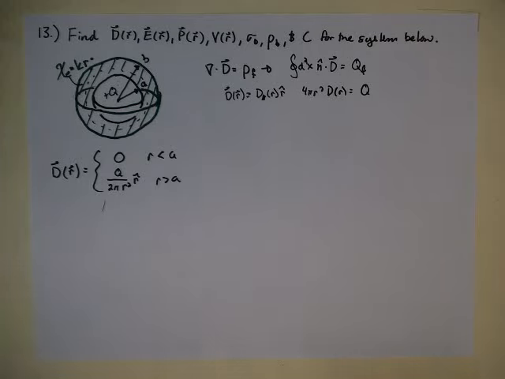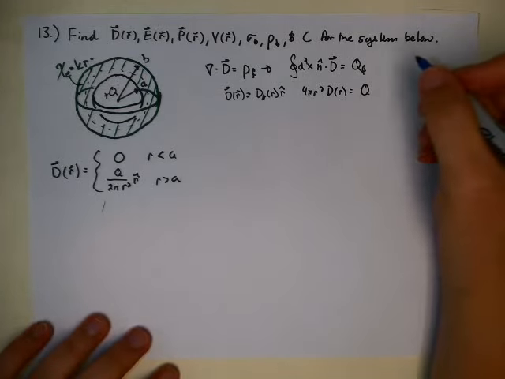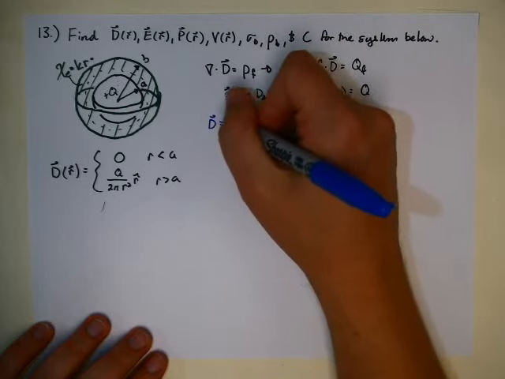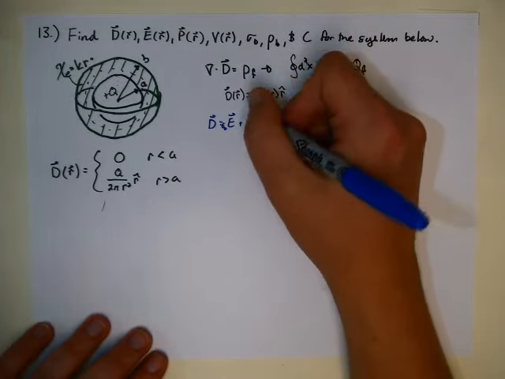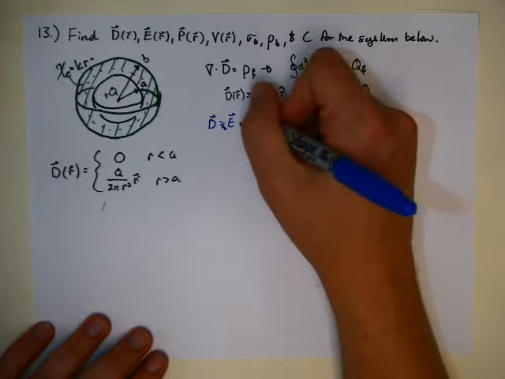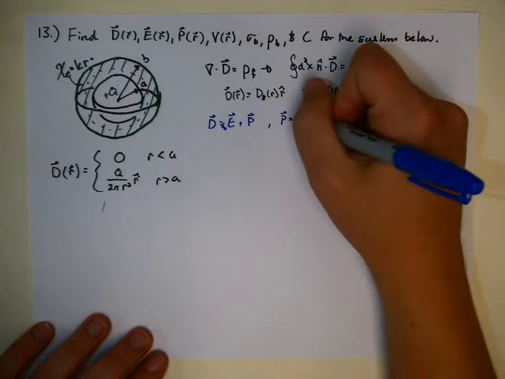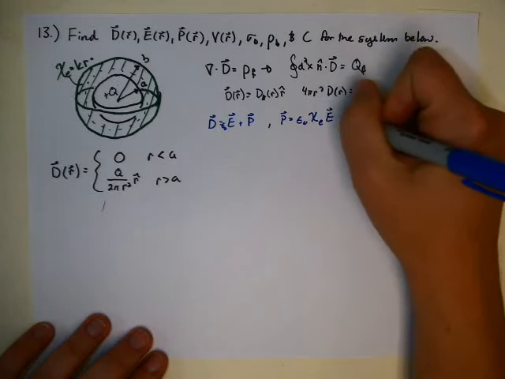Now the next step is to find the electric field. For the electric field, we'll have to go through a few different equations. We know that the displacement field is equal to epsilon naught times the electric field plus the polarization. And the polarization is going to equal epsilon naught chi e, the electric susceptibility, times the electric field.